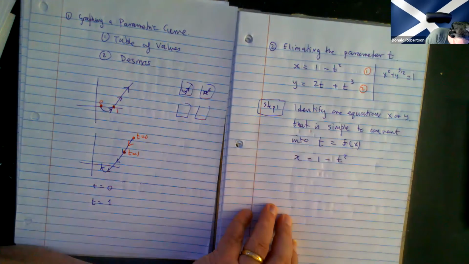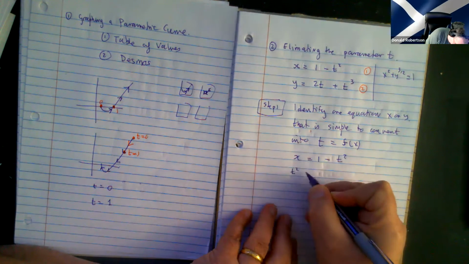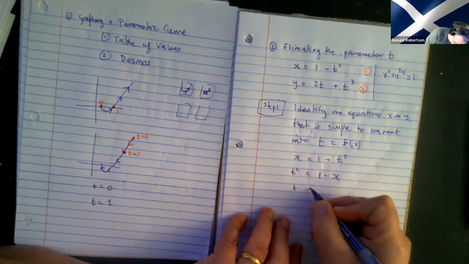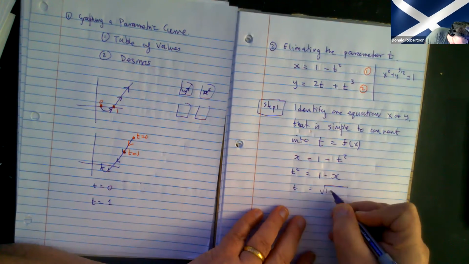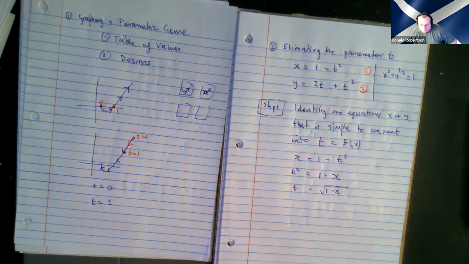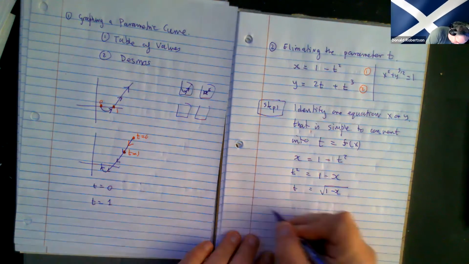Well, whatever way you want to do it. I'm going to add t squared to both sides and take away x from both sides. And then I'm going to take the square root. And I'm going to just make the assumption here that t is positive because t is time. I don't want to do a Doctor Who going back in time thing. Now, step 2.